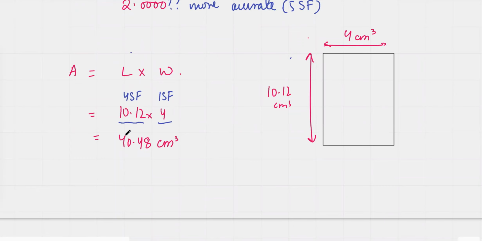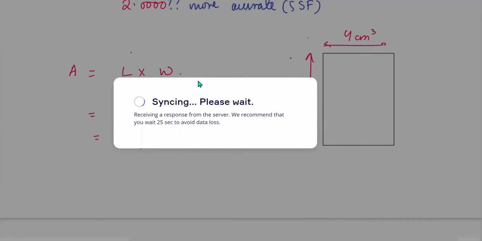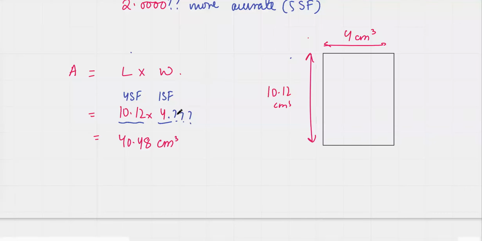So you're very sure about the first significant figure. That creates doubt in the second and the third and the fourth. I don't know what the second one is, I don't know what the third one is, I don't know what the fourth significant figure is. That kind of creates doubt in all the other significant figure places. So these 3 numbers are now doubtful. Are you getting my point?